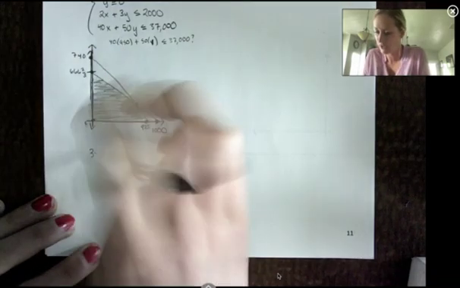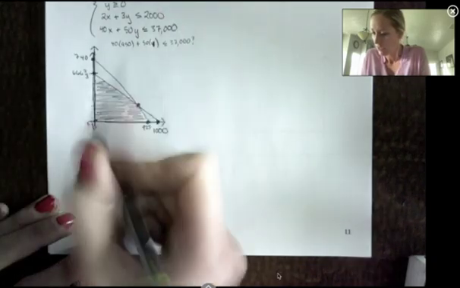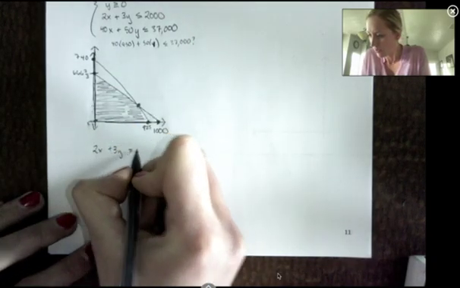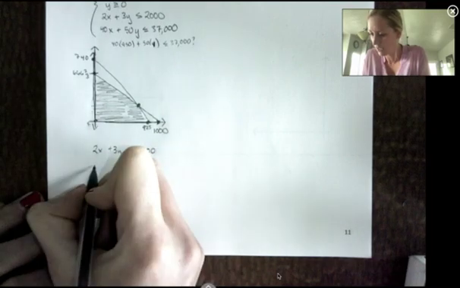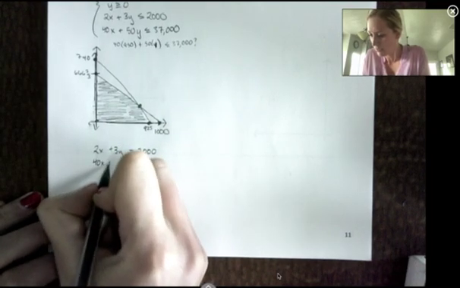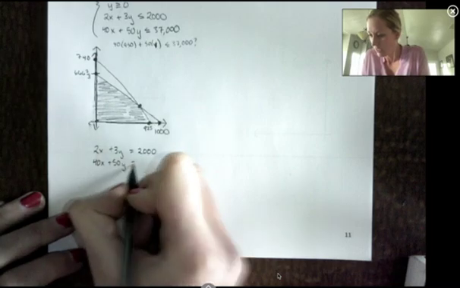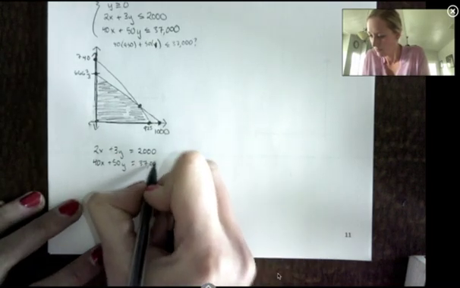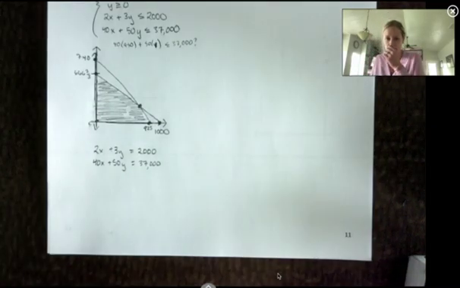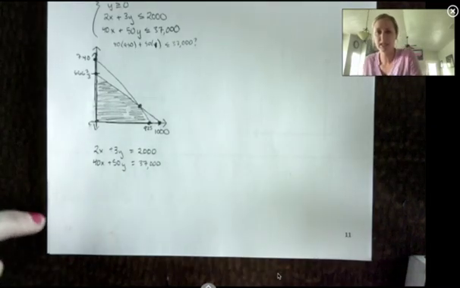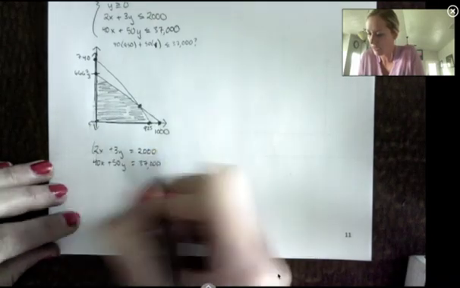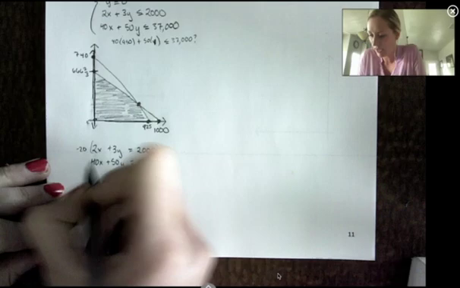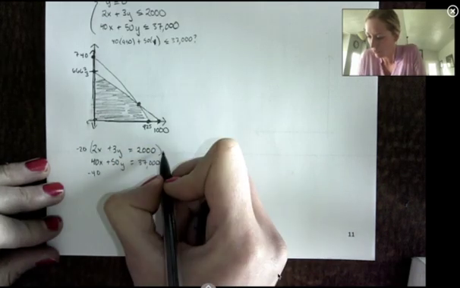So I've got 2x plus 3y equals 2,000, and 40x plus 50y equals 37,000. Okay, so I'm going to do elimination again here, you guys. I'm going to multiply everything here by negative 20 so that I get negative 40x. So I have negative 40x, and I'm just going to write that down here.